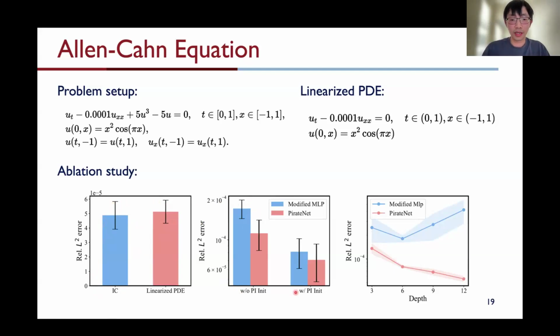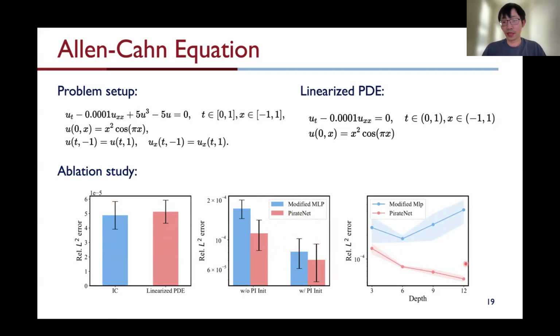Let's move forward to the second ablation study, about the effectiveness of the physics-informed initialization. You can see it can benefit both architectures. We get smaller test error. But in both cases, this ParaNet works better.